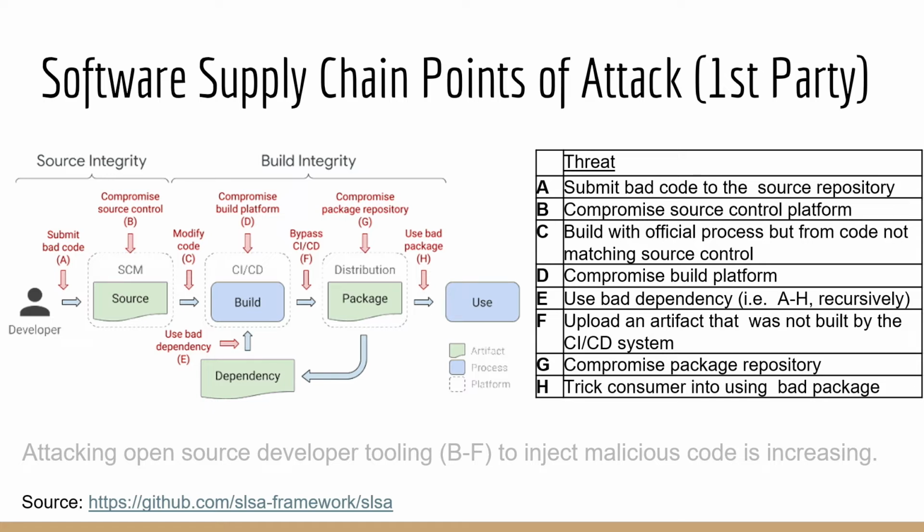You could compromise GitHub, or your source control management solution. You could also attack between the source control management solution and your continuous integration and continuous delivery build process. You could also compromise that build platform.